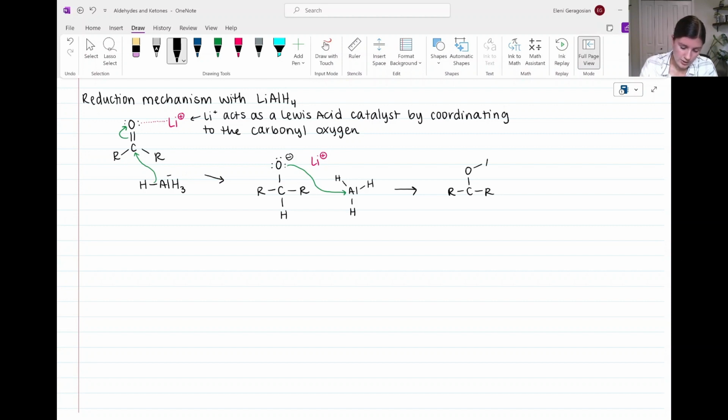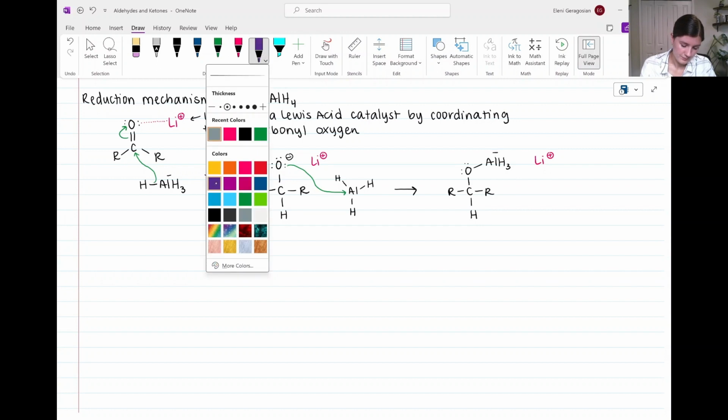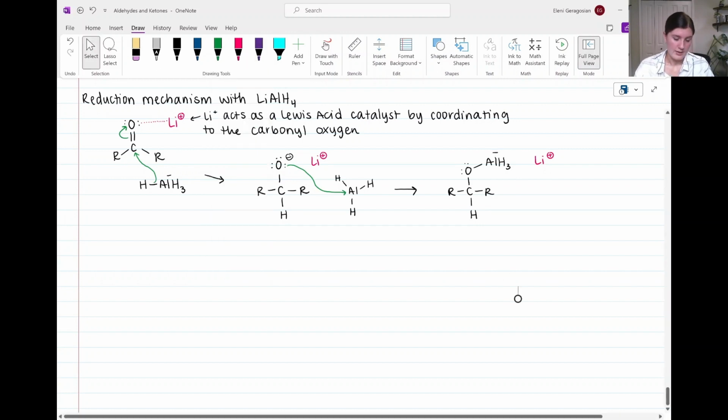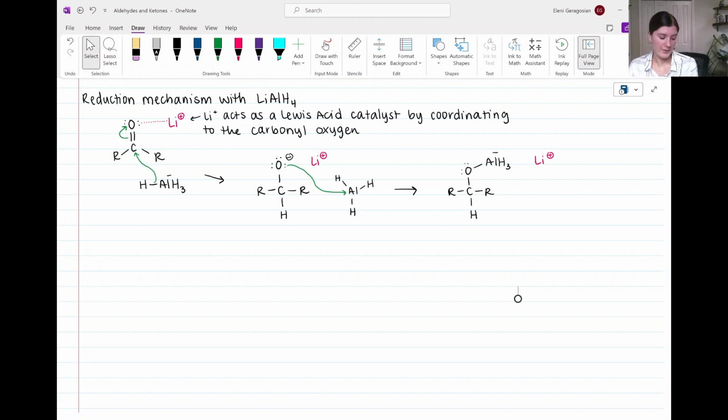Now this oxygen has a bond to the aluminum. Aluminum's now negatively charged, and we still have that bond from the carbonyl carbon to the hydrogen. We have the charge balanced by the lithium cation. And now we again have a negatively charged aluminum with hydrogen atoms bonded to it.